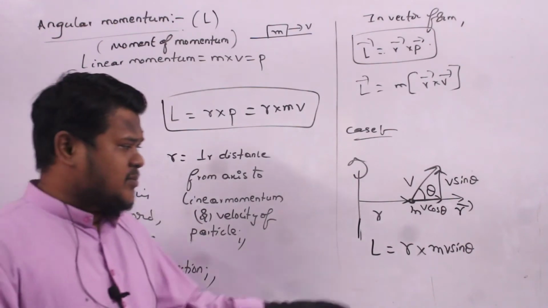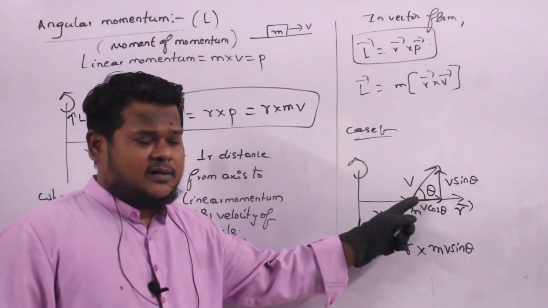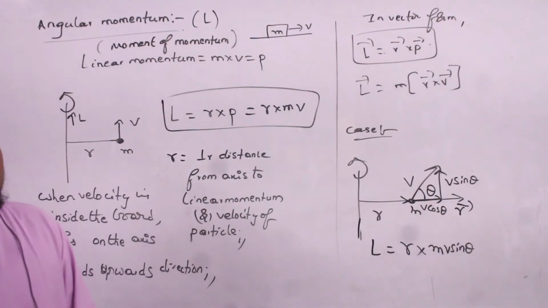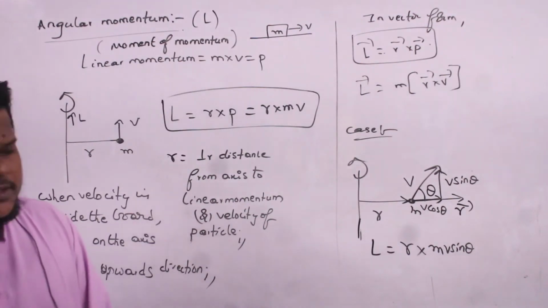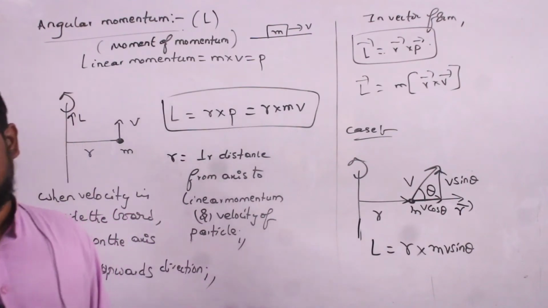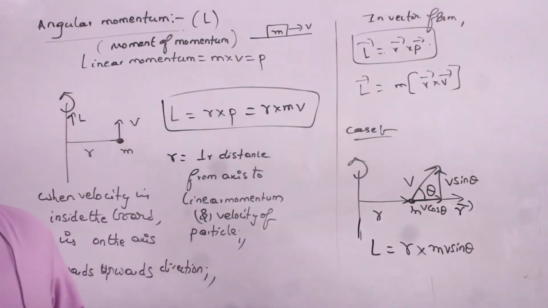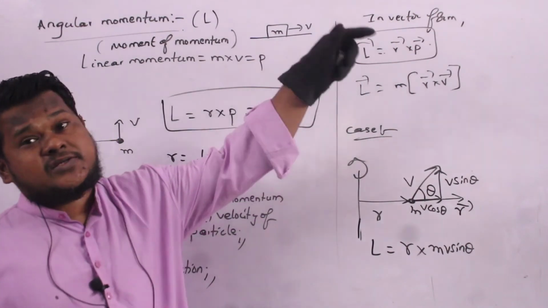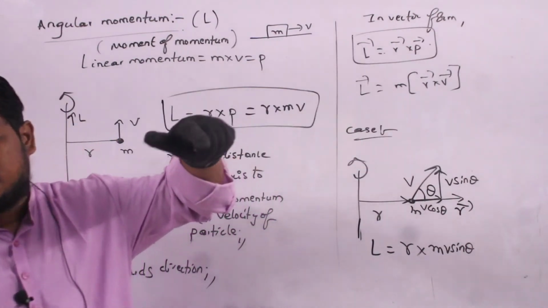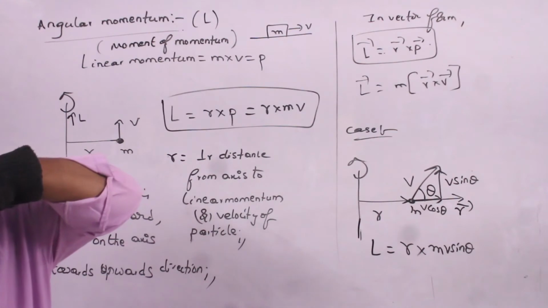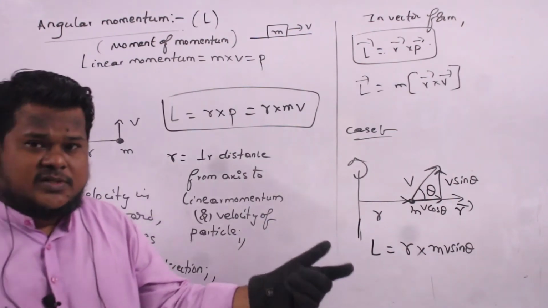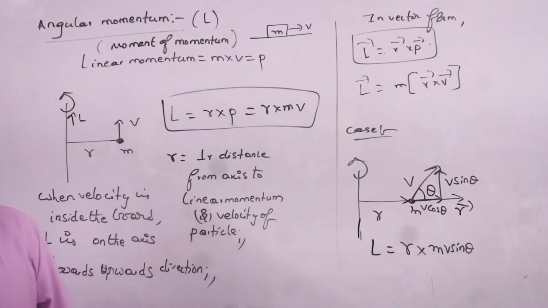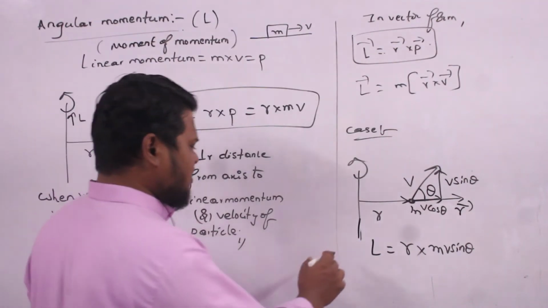But when radius and momentum are at an angle of theta, you can use this relation: L is equal to r into mv sin theta, or just mvr sin theta. But to find the direction, always use r dash cross p dash. You should not use p dash cross r dash, because if I use p dash cross r dash the direction gets reversed. Clear? r dash cross p dash. Okay, this is the equation.